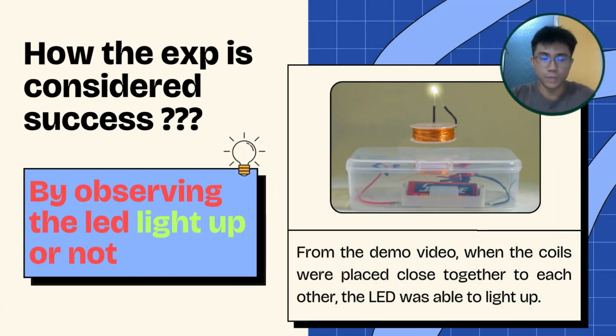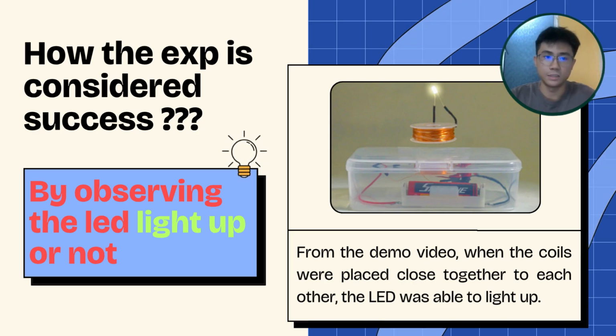Hello everyone, my name is Hufangi. Now I'm going to explain how the experiment is considered a success. The answer is by observing whether the LED lights up or not. From the demo video, when the coils were placed close together, the LED was able to light up. So this means the experiment is considered a success.